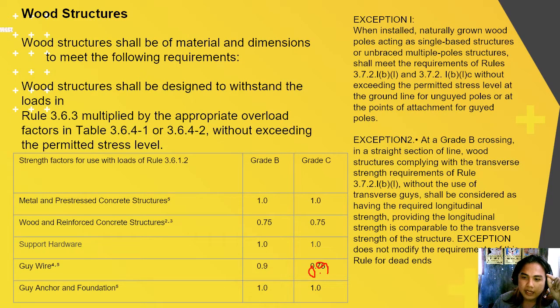Exception number 2: at a Grade B crossing in a straight section, wood structures complying with the transverse strength requirements of the rule without the use of transverse guys shall be considered as having the required longitudinal strength, providing the longitudinal strength is comparable to the transverse strength of the structure. Exception does not modify the requirements of this rule for dead ends.